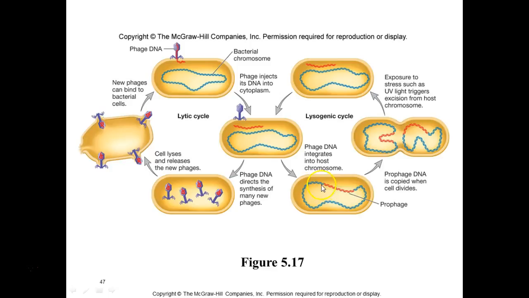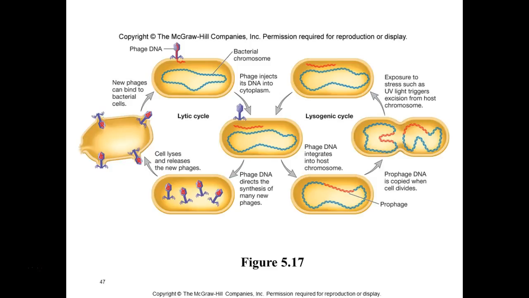When it's in that state, it's referred to as a prophage, right? Phage again meaning the virus. Pro meaning it could become a nasty virus again. As I said, when the bacterial cells copy, they copy the viral DNA as well, the prophage. And this can go on and on and on, and so all these bacteria could be, you could say, infected, right, with this virus.